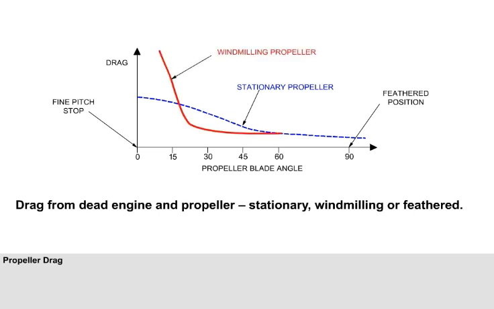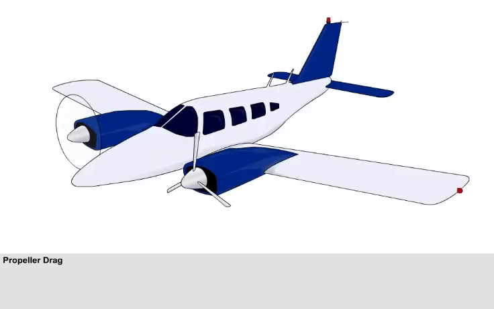A windmilling propeller will produce a large amount of drag, being driven by the relative airflow, generating both drag and torque. The propeller will also have the load of turning the dead engine, unless an automatic decoupling device is fitted.